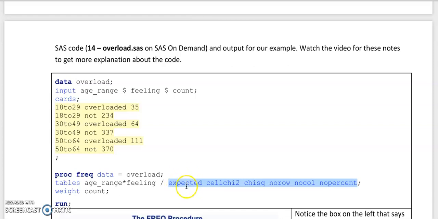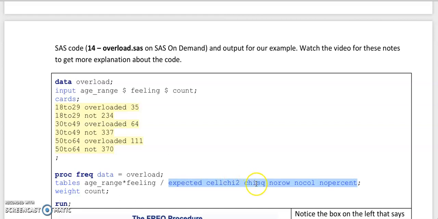So when I write expected, SAS will give me the expected counts that we previously calculated. When I write cell chi2, SAS will give me those individual observed minus expected squared divided by expected, those things that helped make up our test statistic. It'll give me one of those for each of the cells in my table.